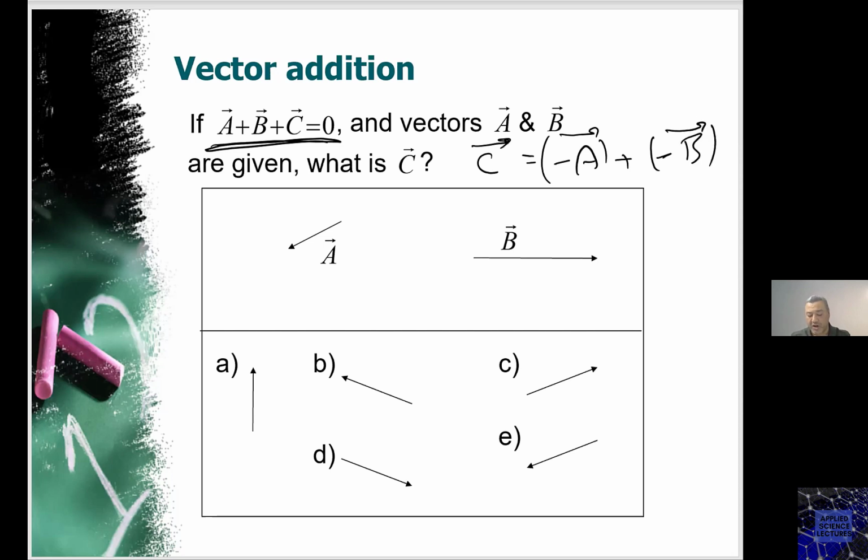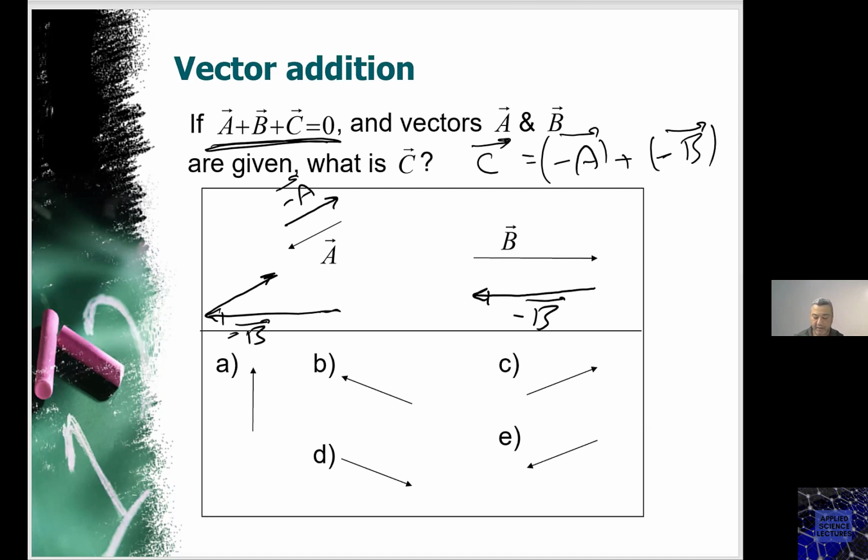So if you want to draw the summation of minus A and minus B, I would first draw minus B, then minus A, and then add them. So if I have this one, minus B, and then this is minus A, guess which one is the answer?